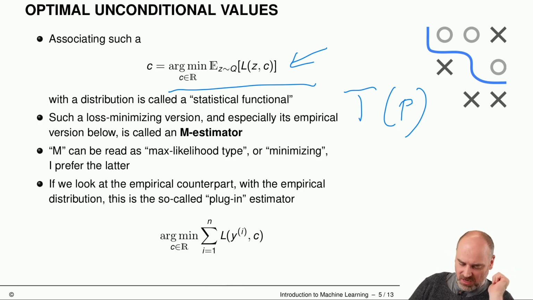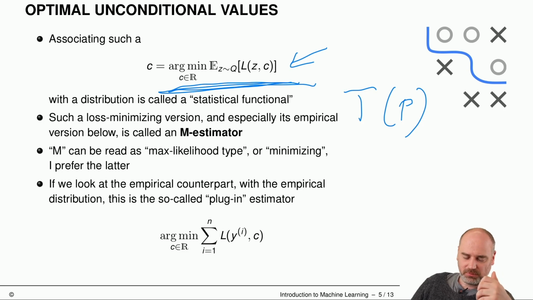And now, quite many of these statistical functionals can be specified in the form of solving some optimization problem, a minimization problem.